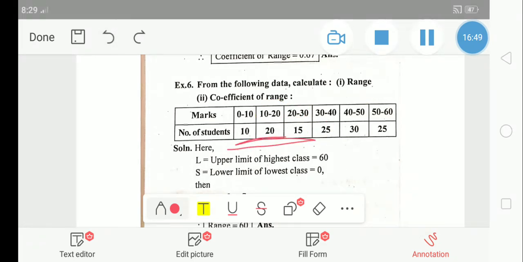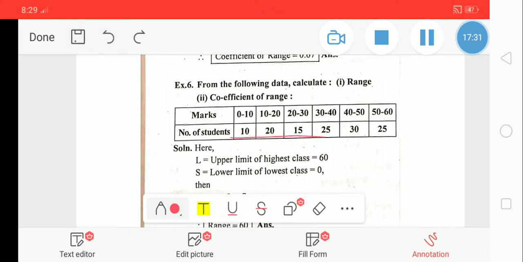So this is the frequency and this is the distribution. Here the distribution is continuous: 0 to 10, 10 to 20, 20 to 30, 30 to 40, 40 to 50 and 50 to 60, because each class ends where the next begins.